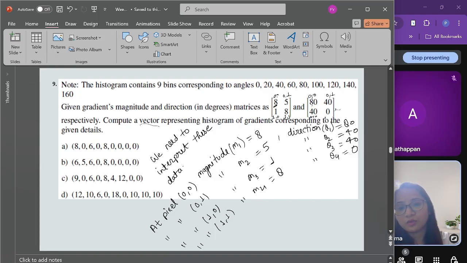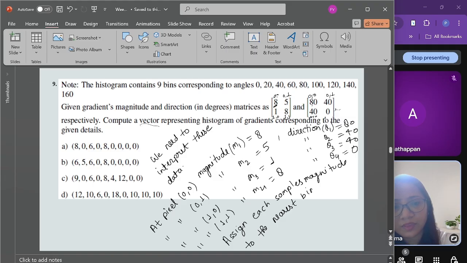So what we need to do next is assign each sample's magnitude to the nearest bin center. As we can see, the histogram contains 9 bins and the corresponding angles are given.